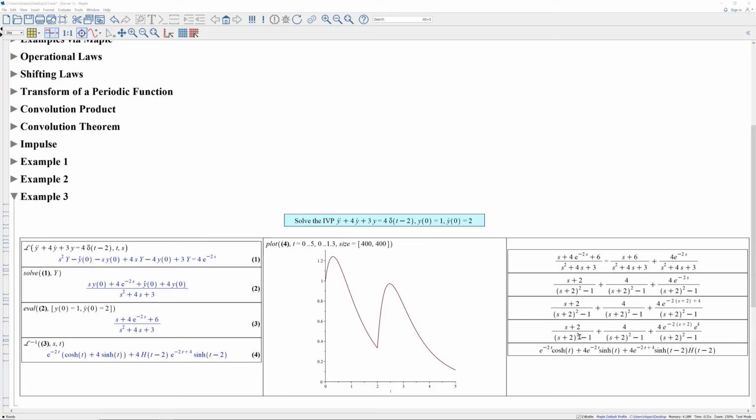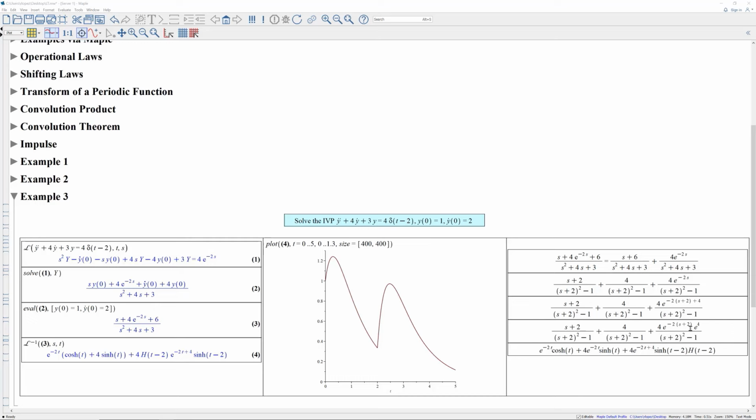So s plus 2, s plus 2. This is a minus sign, hyperbolic cosine, shifted because you take care of the shift with exponential. This hyperbolic sine is a 4, and then e to the minus 2t because it is s plus 2.